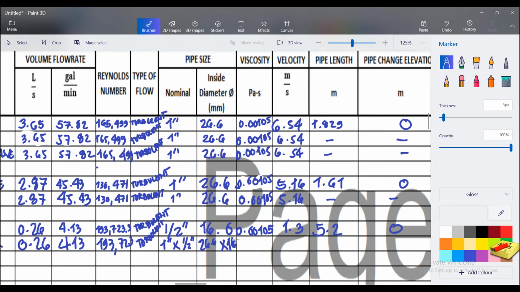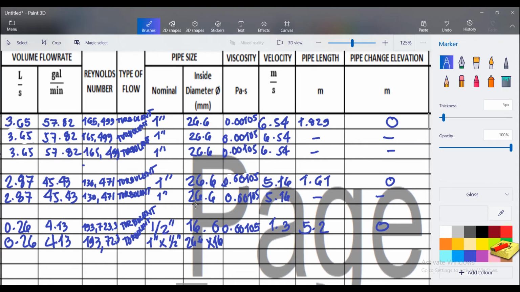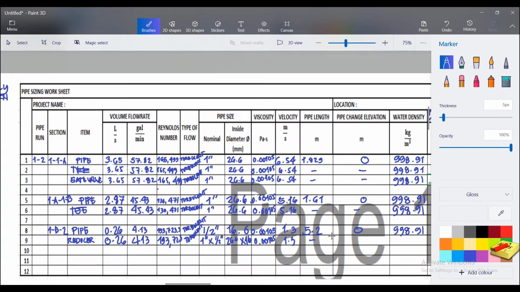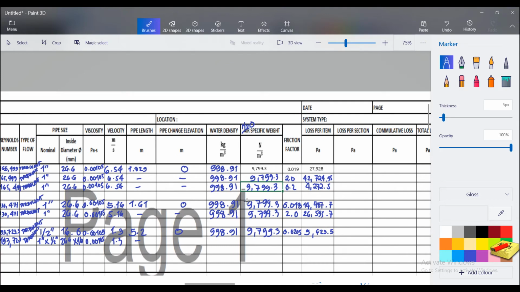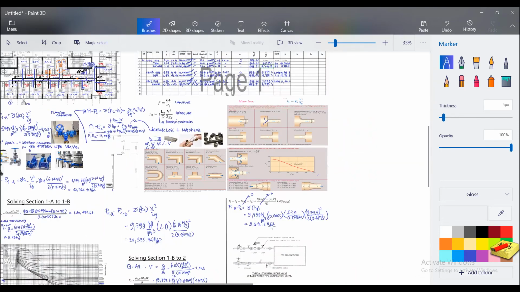Okay, so viscosity is the same, so that will be 0.00105. Then we have the velocity, which is now 1.3. Then the pipe length, we leave it blank. This is blank. Then we have your density, which is 998.91. Then this is 9,799.3. Then we have the friction factor, and so we can get the value for the pressure loss.